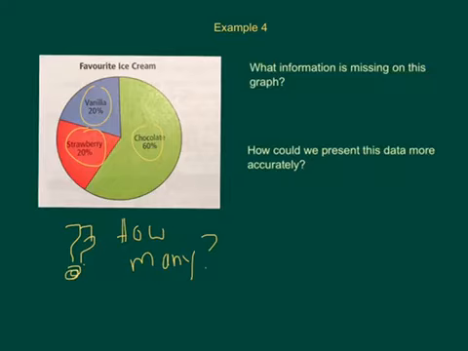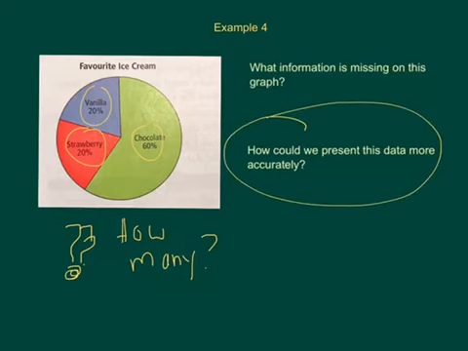When we look at pie graphs, we need to know the numbers. Like I said, if there are only 5 people surveyed and 3 picked chocolate, 1 vanilla, 1 strawberry, that's not really a big sample size. If we were talking about 100 people, then all of a sudden this makes a lot more sense. That seems much more valid. But by leaving the number of people off, it's really not that accurate. So again, that's another way to look at this.